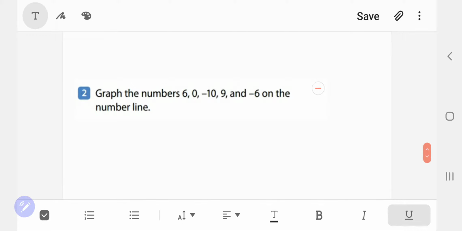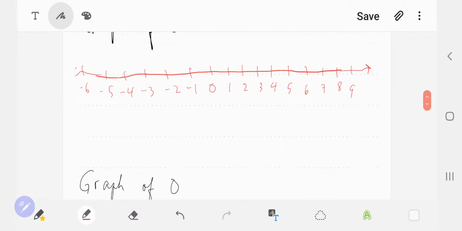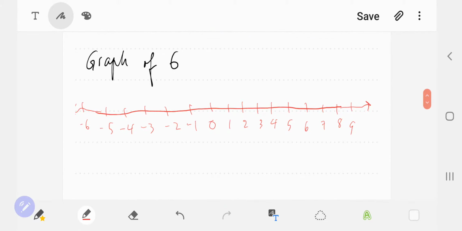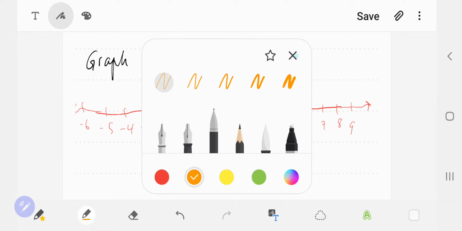Now for number 2, we will be graphing the numbers 6, 0, negative 10, positive 9, and negative 6 on the number line. But to save time, I already pre-drew the number line beginning from 6. So we will graph 6 on the number line.